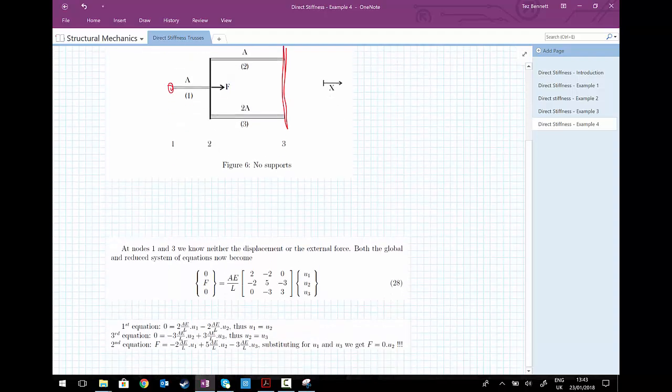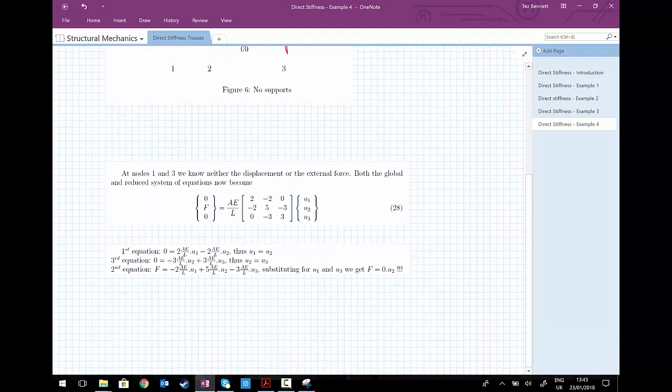As a result, let's try to see what we can calculate. From the top equation there, we follow it through: 2AE over L times U1 minus 2AE over L multiplied by U2, and rearranging that, we get U1 equals U2.